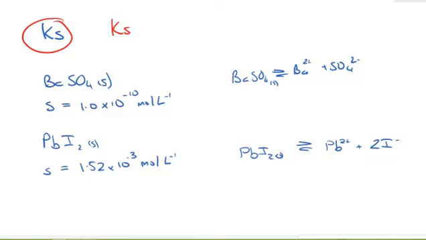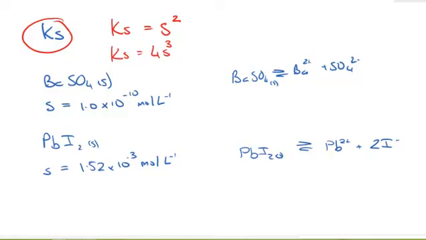Now, Ks is either going to equal S squared, which means you're going to have to find the solubility and just square that number, or Ks is going to equal 4S cubed. In which case you're going to have to find the solubility, cube it first, and then multiply it by 4. You do not multiply it by 4 and then cube it. That will give a wrong result. So you cube it and then multiply it by 4.